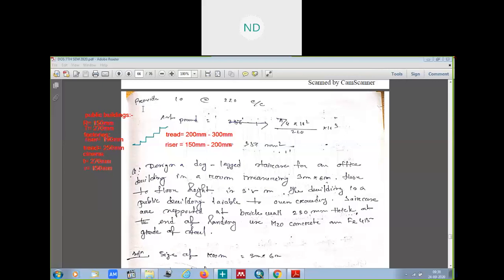The width of the stairs. This is your stairs from the side view, but if you see the plan, your steps will be seen in this way.